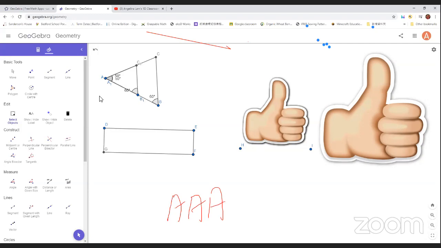If I try to move the triangle, no, I just want to move this one. Let me make it a little bit smaller.